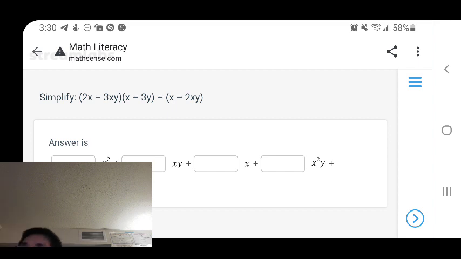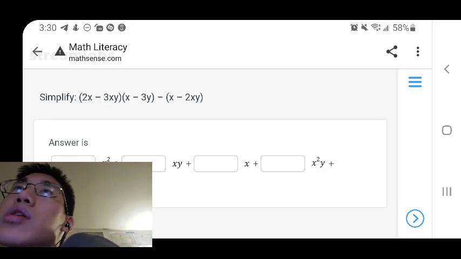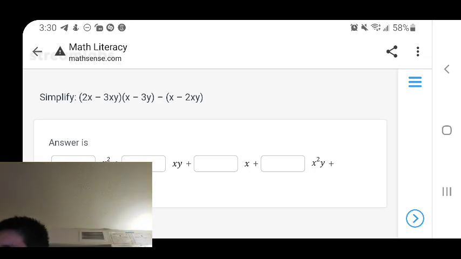Yeah, I'm confusing myself. 2x squared minus 6xy, minus 3x squared y plus 9xy squared minus x plus 2xy. That's right. Alright, so, yep, combine like terms.